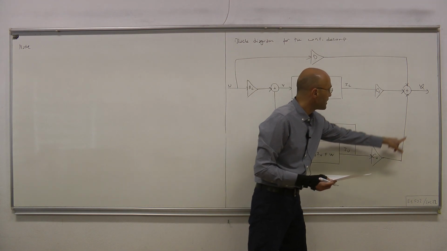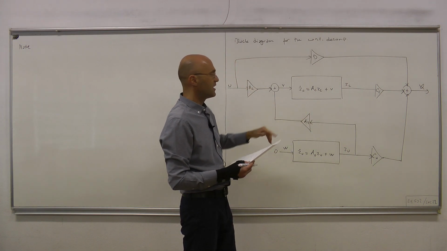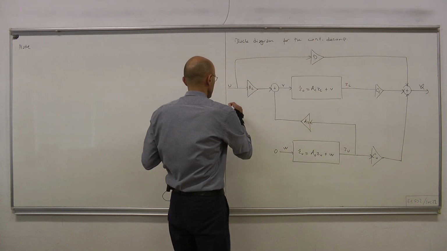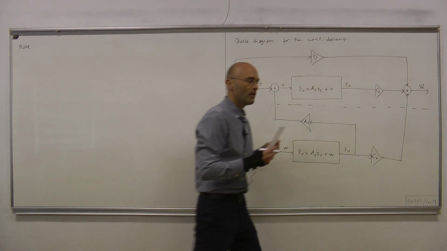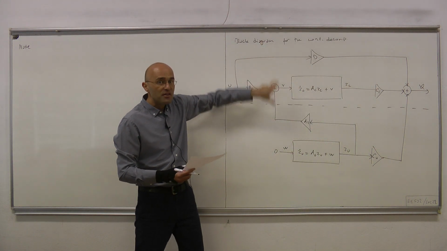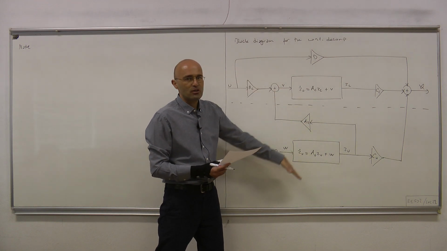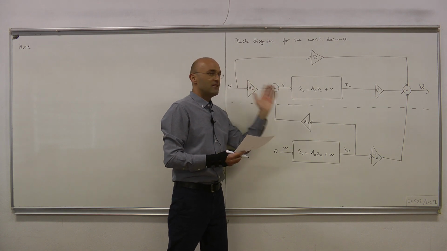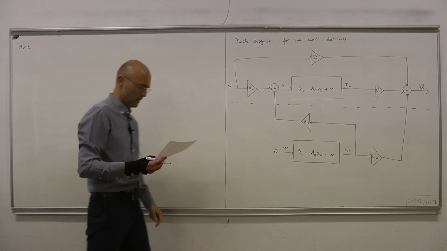Therefore, this signal here is 0, and also this signal here is 0. In other words, we can just ignore the part of this block diagram below this dashed line, and nothing will be lost from the transfer function point of view.